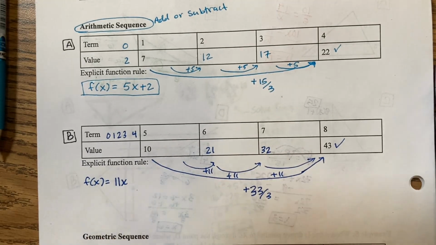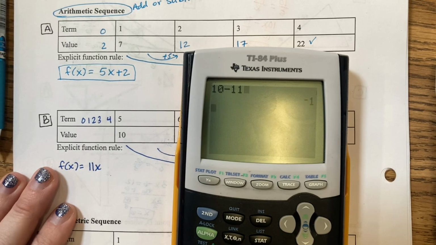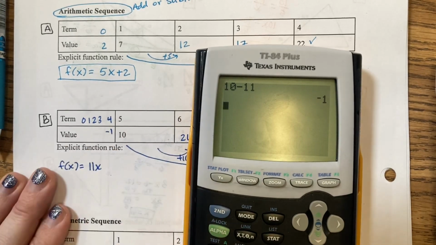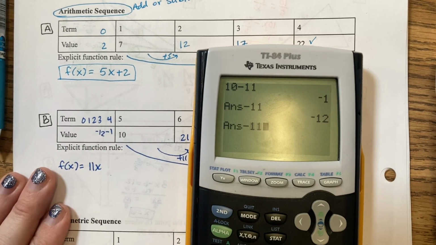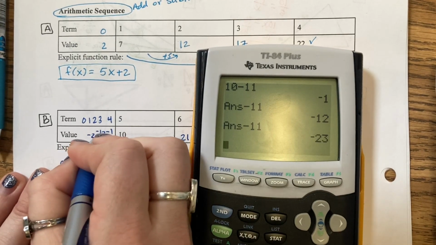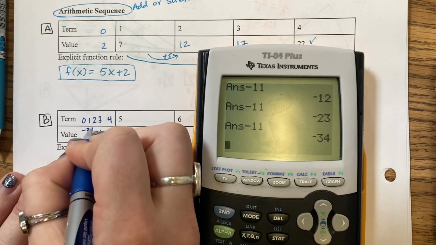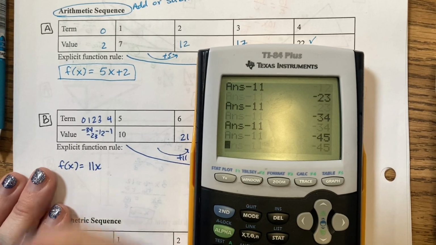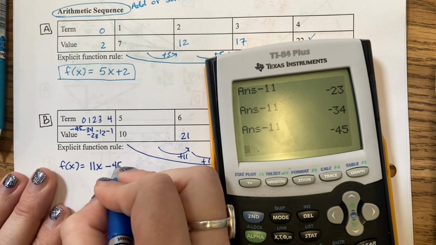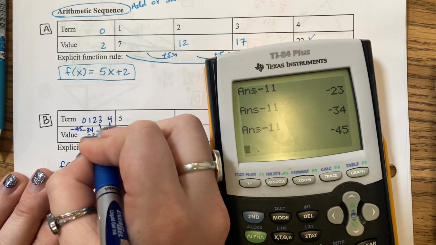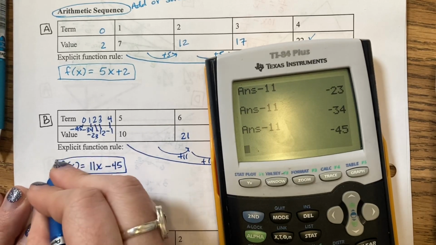So I'm just gonna use my calculator. 10 minus 11, minus 11, minus 11, minus 11, minus 11. That was 4, 3, 2, 1, 0. The y-intercept was negative 45.